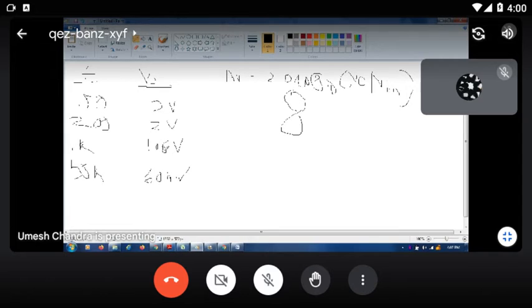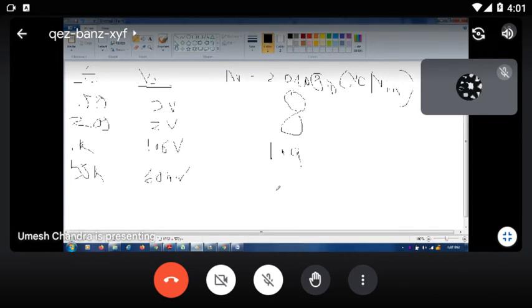Okay, 20 log base 10 of 0.8 means that is minus 1.9. That gain is minus 1.9 like this. Okay, you got the negative value.